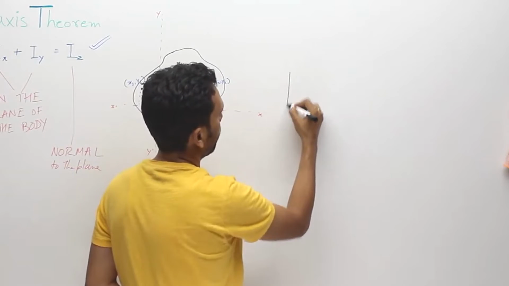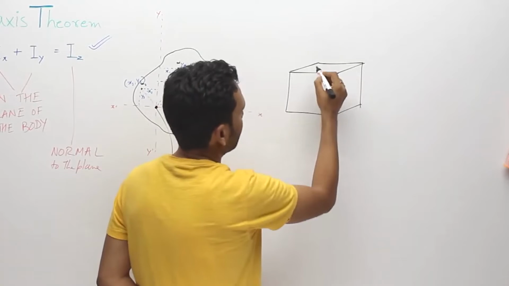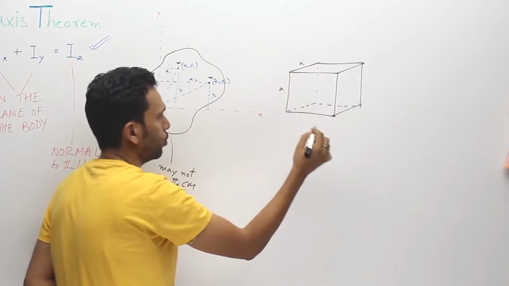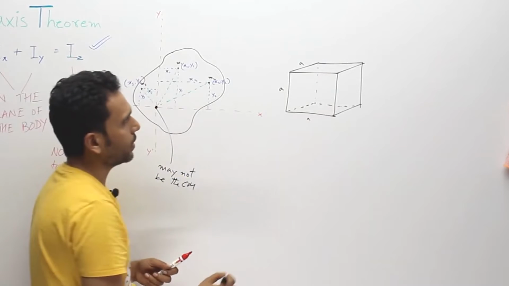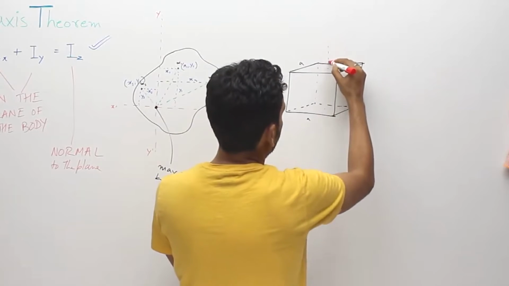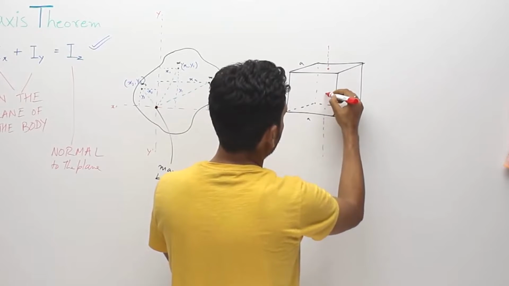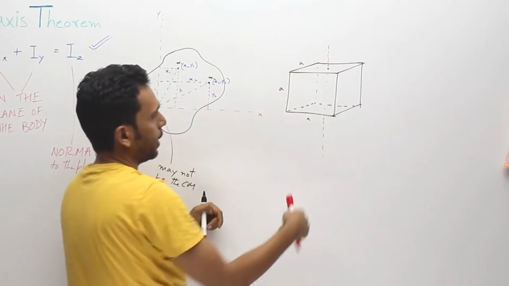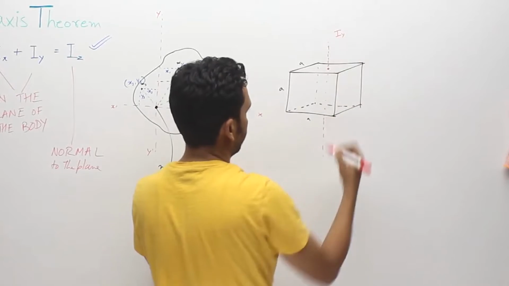Now I'll just give you an example where students actually go wrong, and to emphasize the same point which I have said earlier, if there is a cube, say all sides are A. Now if I ask you what is the moment of inertia about an axis which is going through the bulk of the cube, and you say it is, suppose, Iy.